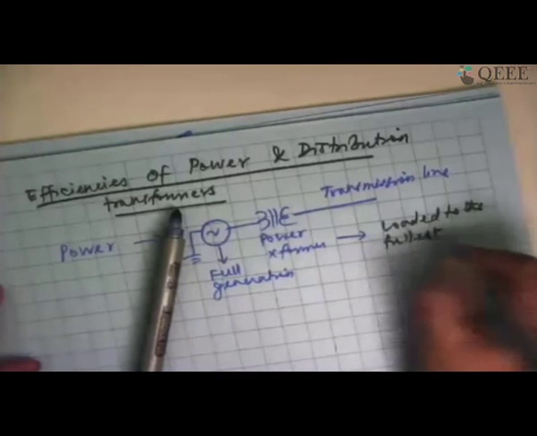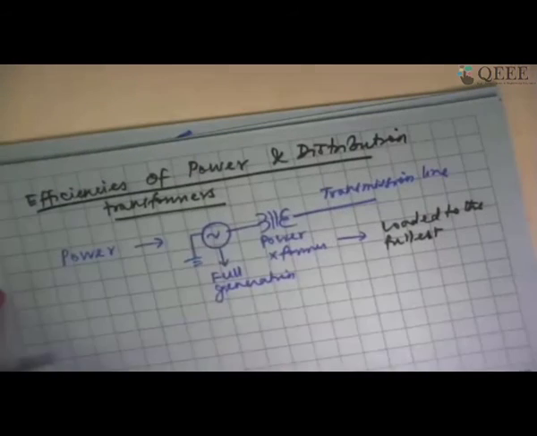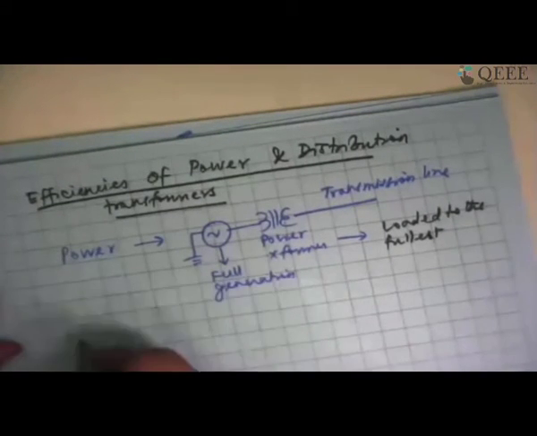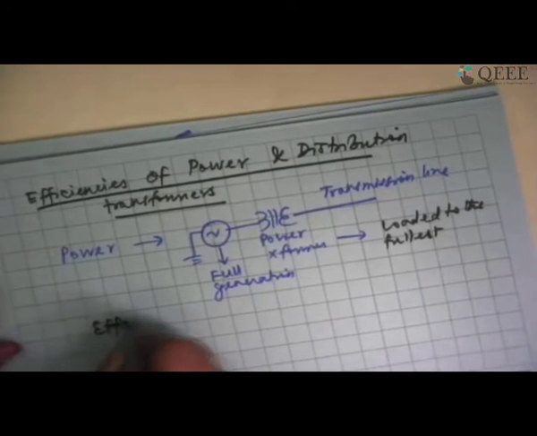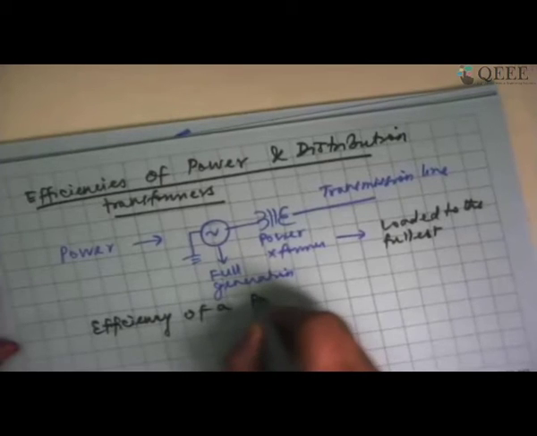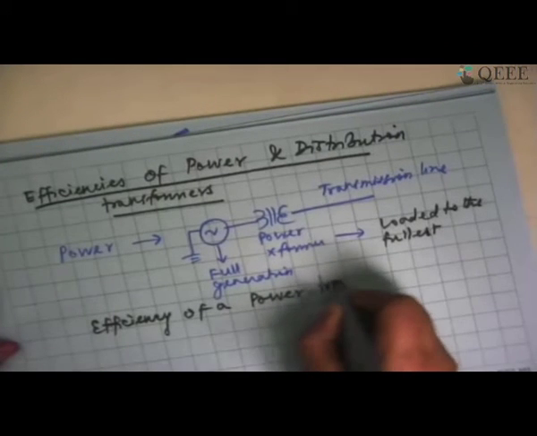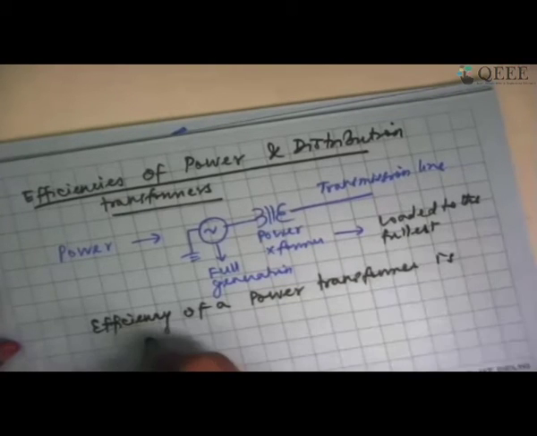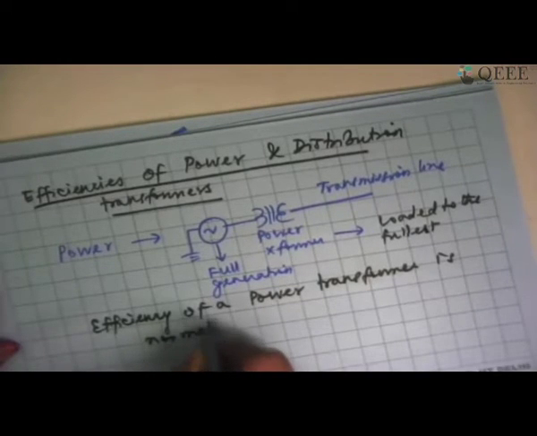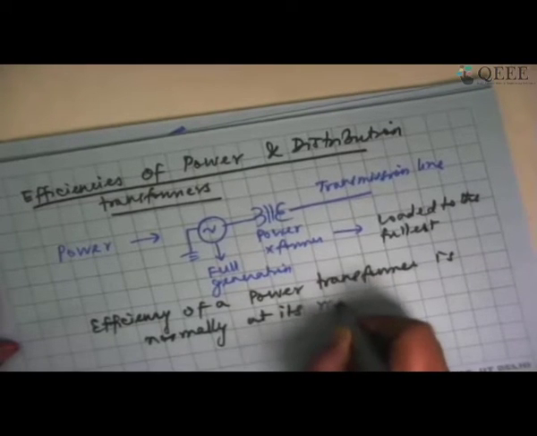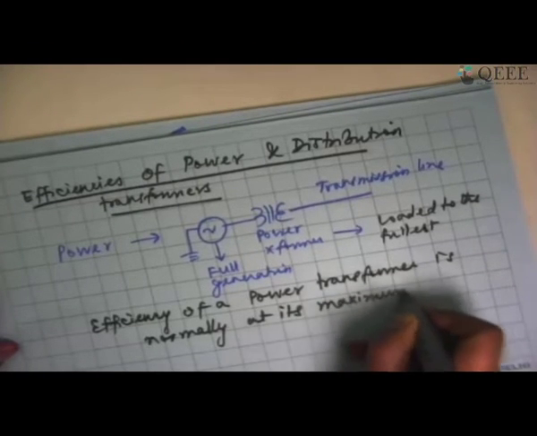Because of which the efficiency of a power transformer will be designed in such a way that its efficiency is normally at its maximum at 100% load or at full load.